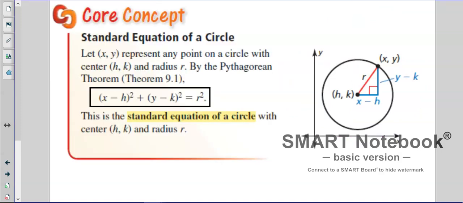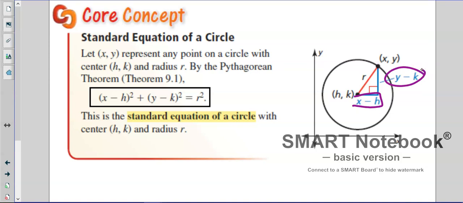All right. The standard equation of a circle. This is a pretty easy part here. It looks scary, but it's not. So, x, y represent any point on a circle. That point is going to be connected to the center. And basically, you have your radius between h, k and x, y. Now, if you look here, this is x minus h, and this is y minus k.